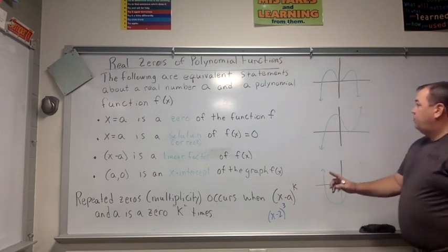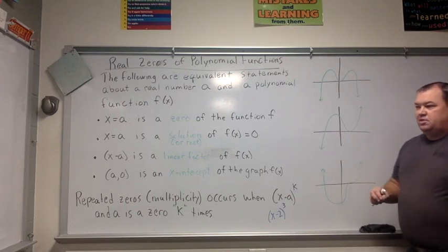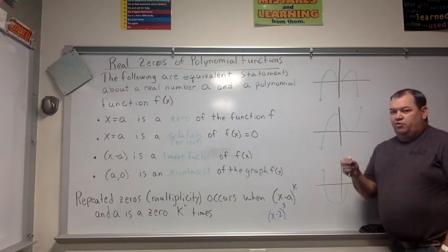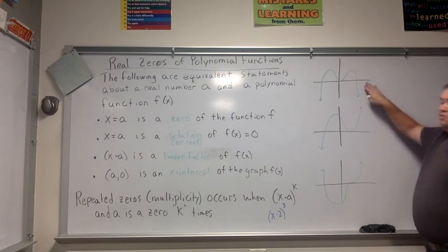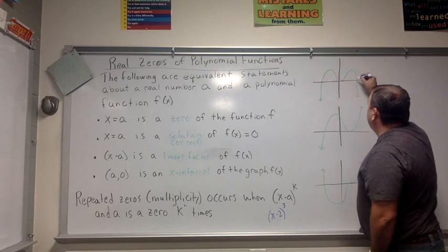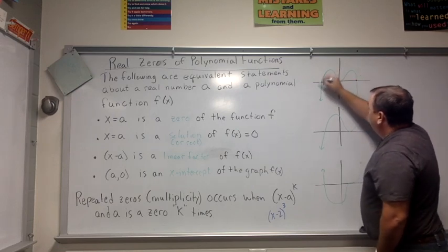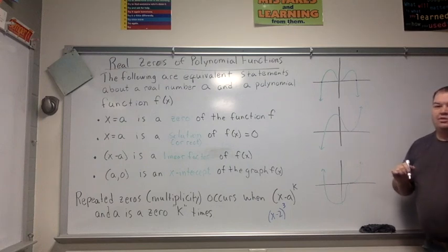Now, something kind of interesting about this idea of multiplicity. Multiplicity models other functions. For instance, this one up here is an even function. There are a couple of places where it crosses the x-axis, and if you look at just that area, it crosses like a line. The line has a power of 1.